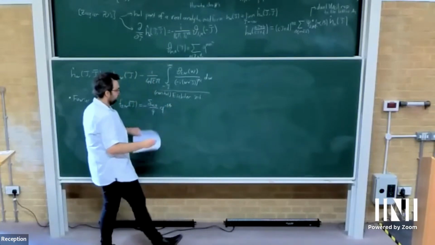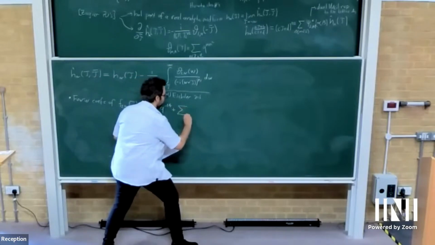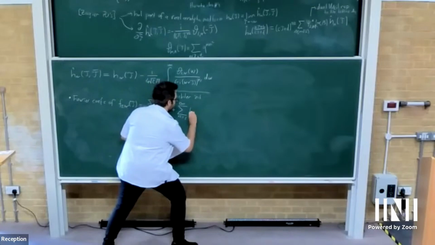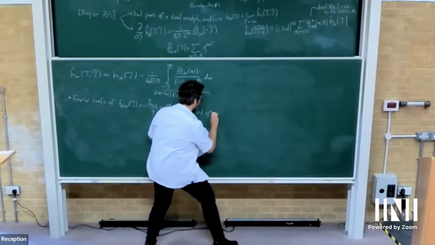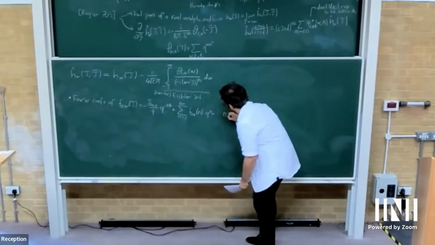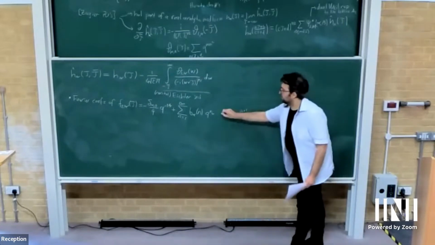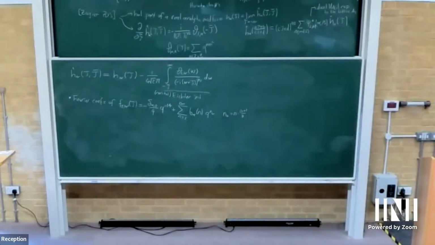This is the only exponentially growing part as tau goes to i infinity. Then you have exponentially suppressed terms. Let me put the coefficient P alpha. All right, so our goal is to compute the alpha n using Rademacher.